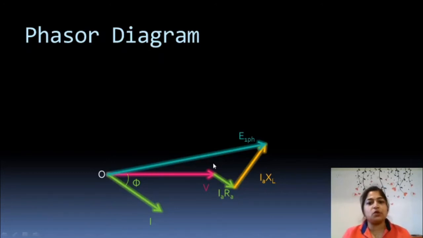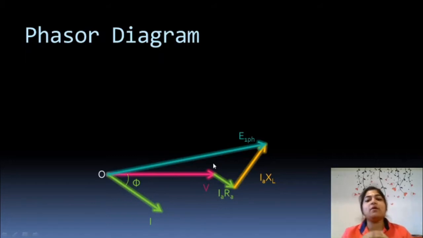Now in today's video, we are continuing by considering the MMF effect. If this is E1PH, the EMF induced, we will first of all get the main flux which is responsible for induction of this EMF. The flux which is inducing EMF always has a 90-degree phase difference with the EMF.